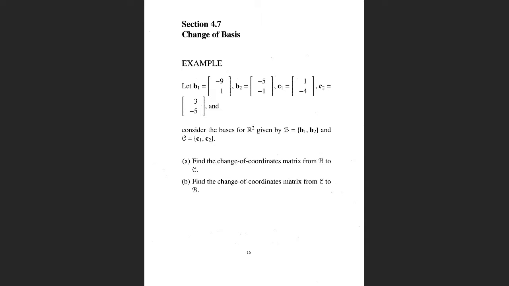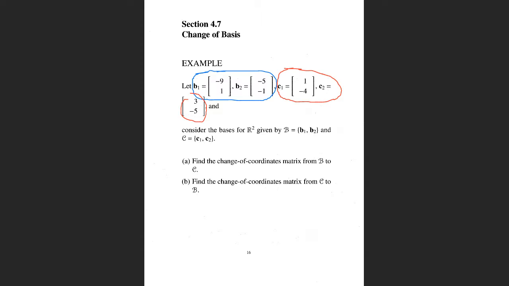Okay, let's take a look here. We have basis vectors B1 and B2, and we have basis vectors C1 and C2 here. So clearly different bases. What would these sets of vectors be a basis for?